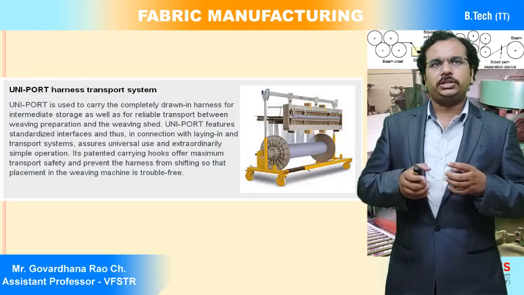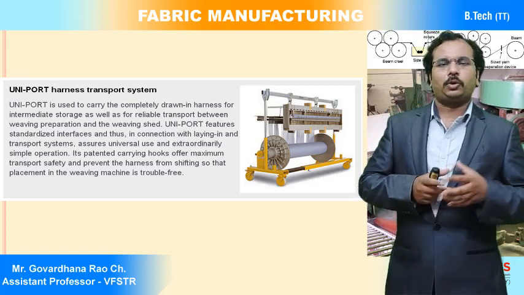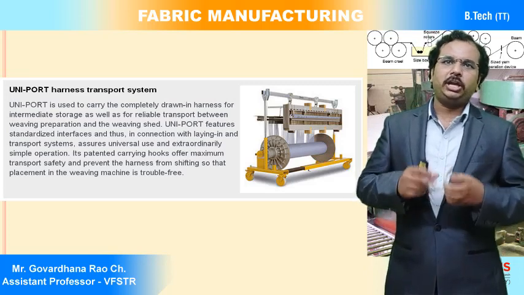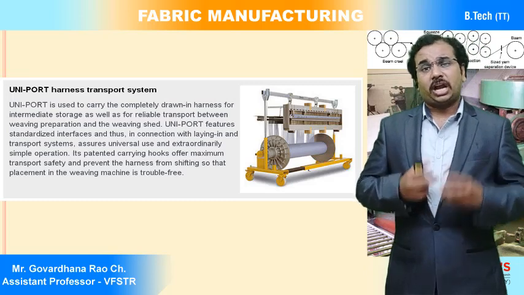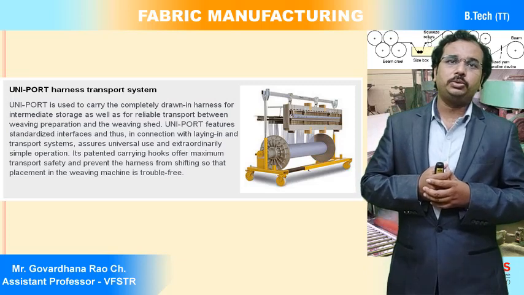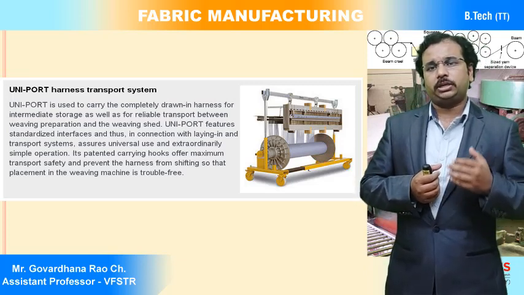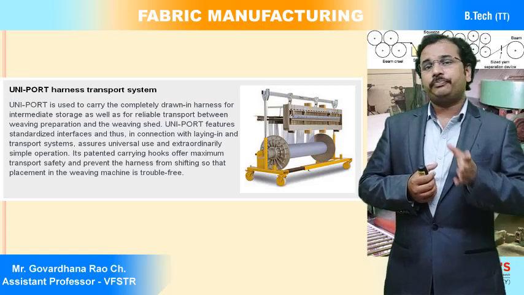After completion of drawing in and denting, we will see how the beam along with the heel frames and reed is transported, and what transportation equipment we are using for carrying the beam, heel frames and the reed to the weaving area.